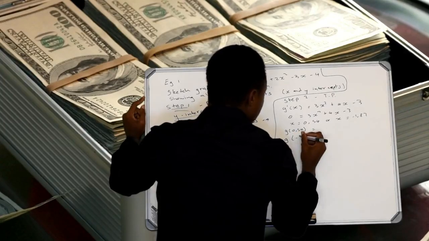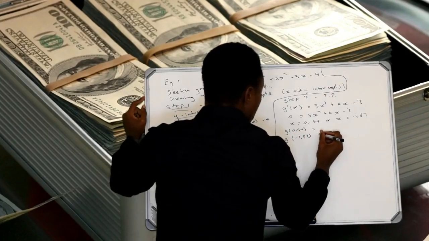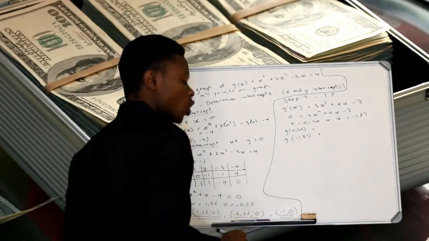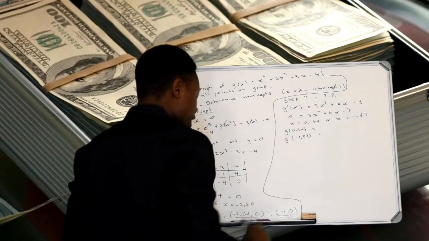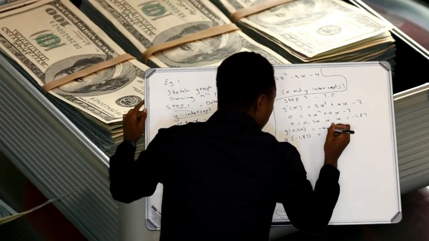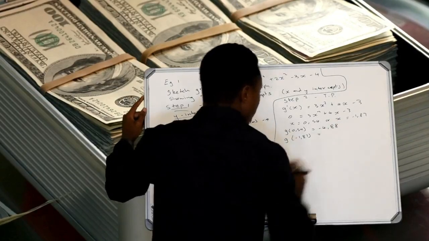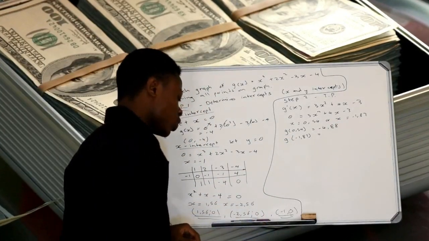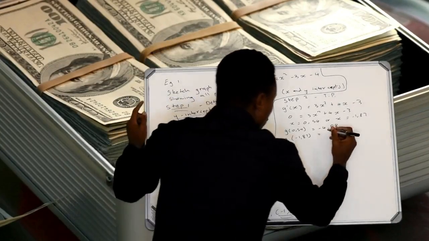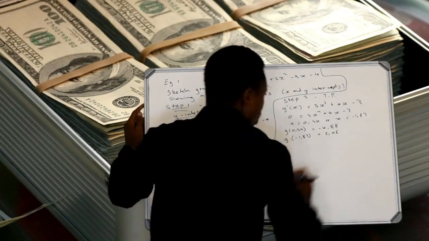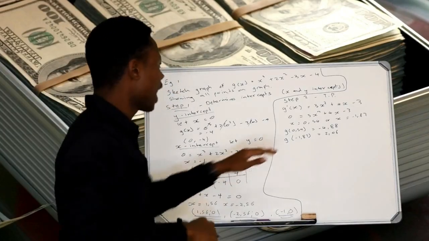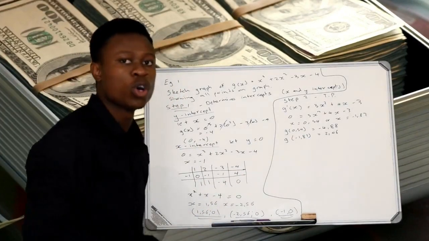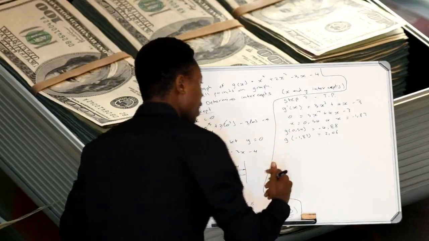For the first one, g of 0.54, I got negative 4.88. And for the second one, g of negative 1.87, when I substituted it, I got 2.06. So what does this mean? This means that I have a y and an x coordinate for my turning points. Let me write them down on this side.